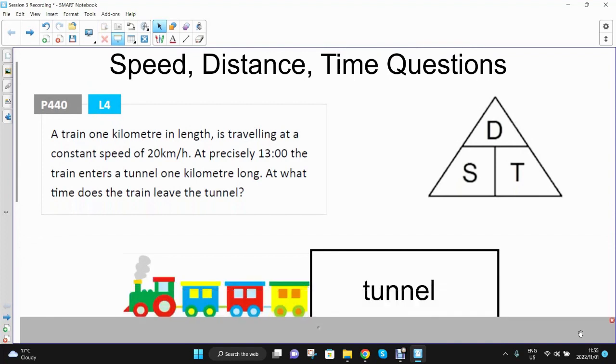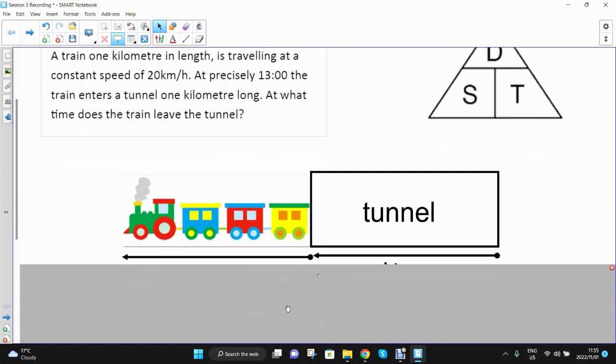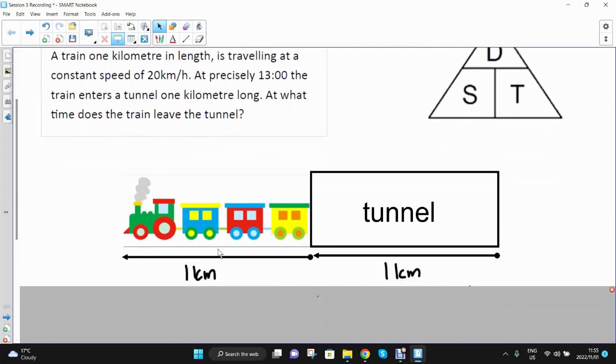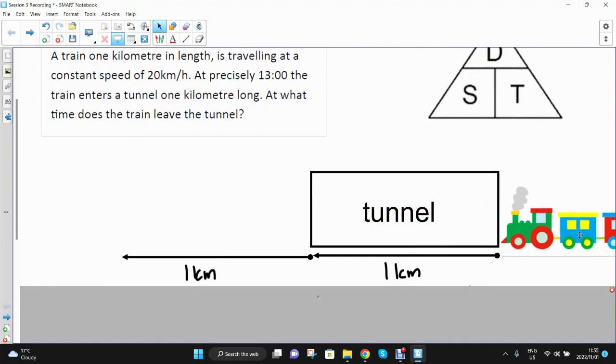Okay, so to understand this problem, we kind of have to visualize what is going on here. So that is what I did for you here. And I'm going to move the train so that the train is at the start of the tunnel. So this is when we are going to start calculating the time.